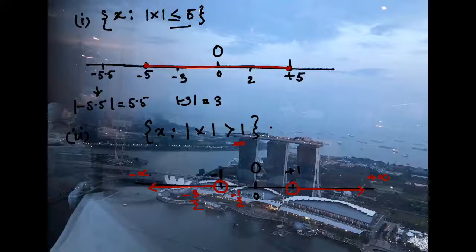So how can we express these two things in set form? Suppose for the first one, in set form we can write that x is lying between minus 5 and something, and as it is touching, I am giving the equal sign as per the condition.